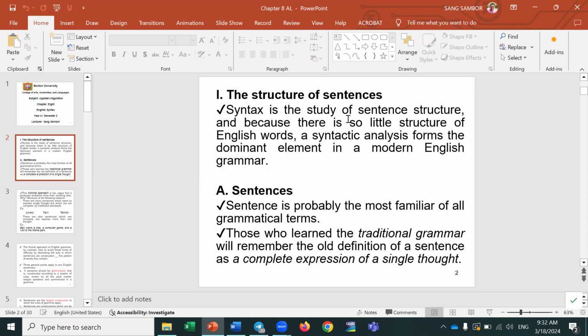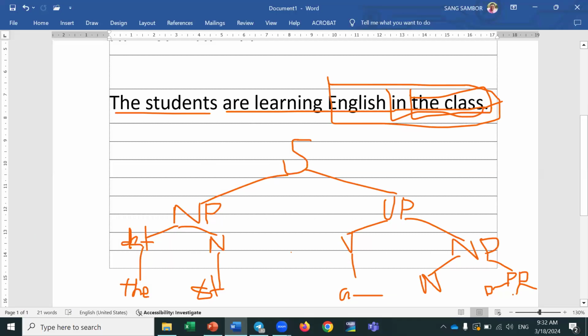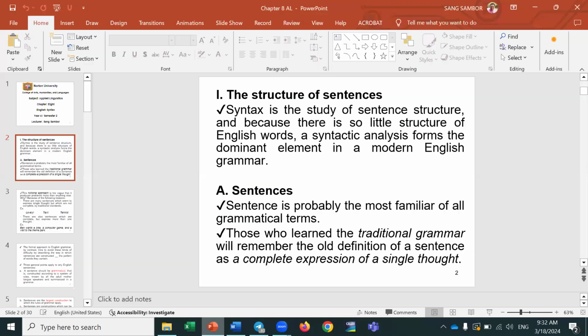Again, teacher. I mean, since we have so little structure in English words, we use syntactic structure. We use the syntactic tree. The one I drew at the moment here is called a syntactic tree. You get it?